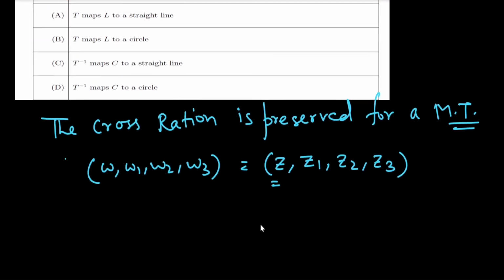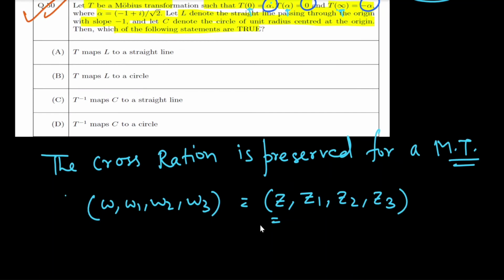So we can write W, with alpha, 0 and minus alpha, is equal to Z, with 0, alpha and infinity.